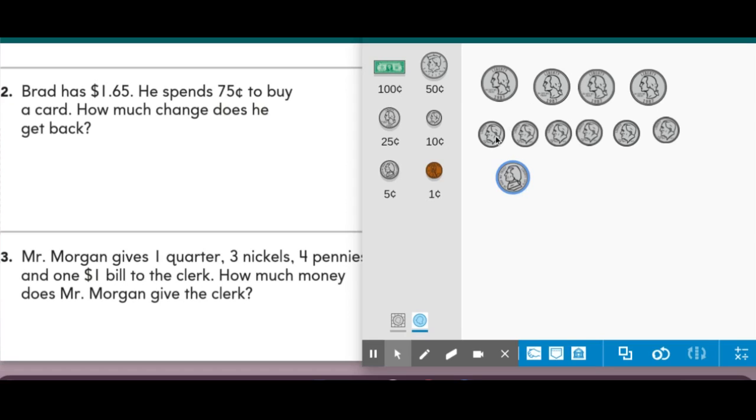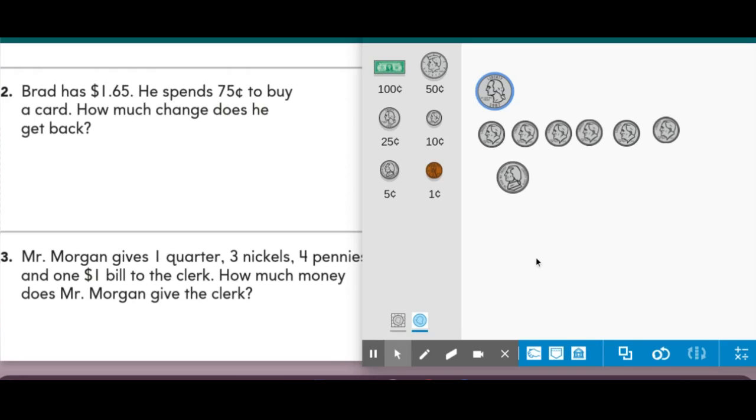Because remember, we learned and reviewed that you can combine different coins to equal the same value as another coin. Let's do it this way. I'm going to take away a quarter and 2 others. So I've taken away 75 cents total. Now I can count up how much money he has left after taking away that 75 cents.